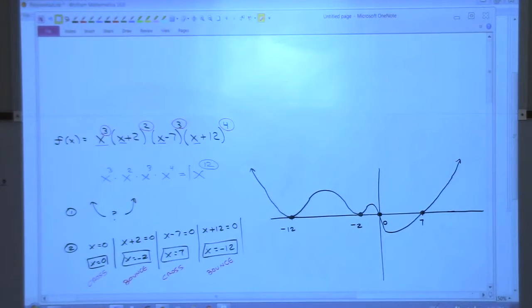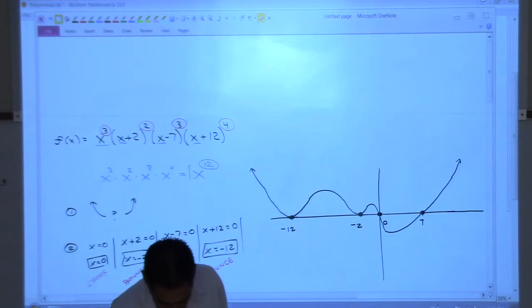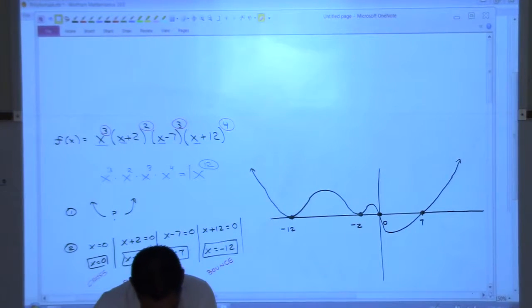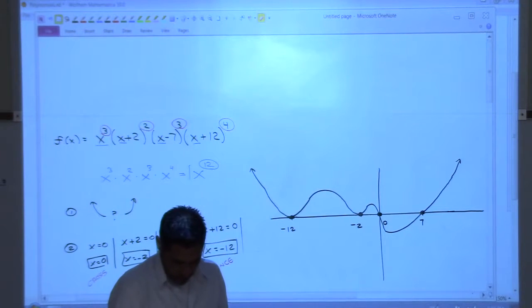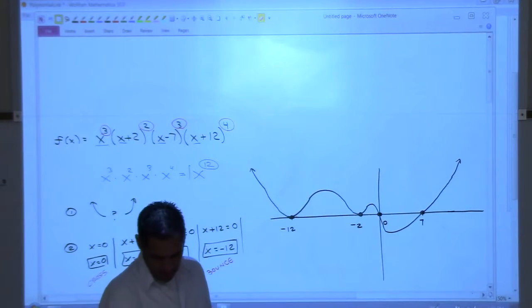Okay, what's your feeling here? Now your homework for this is not out of the packet, all right? Because the packet, well, it's almost an insult to the subject of mathematics what they do with polynomial functions in here.